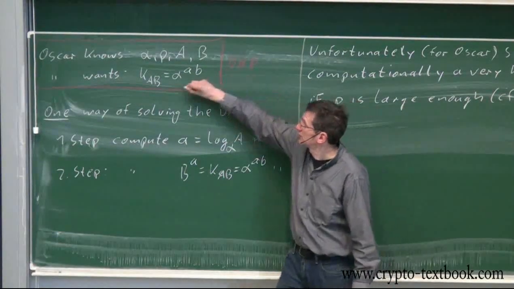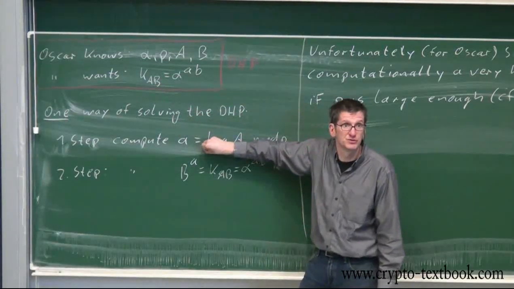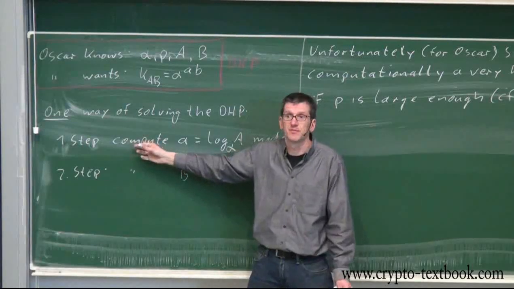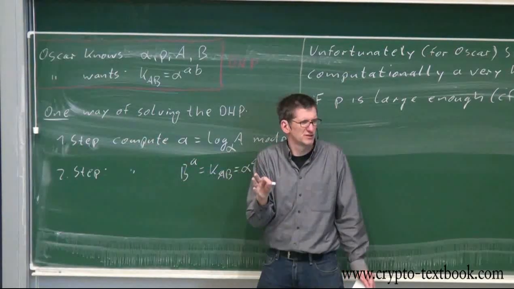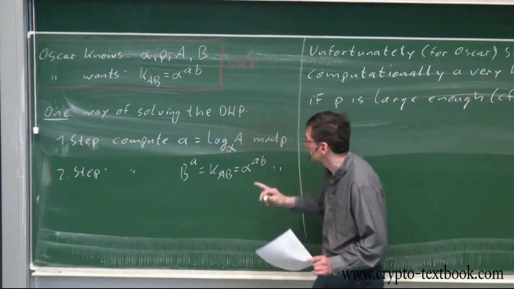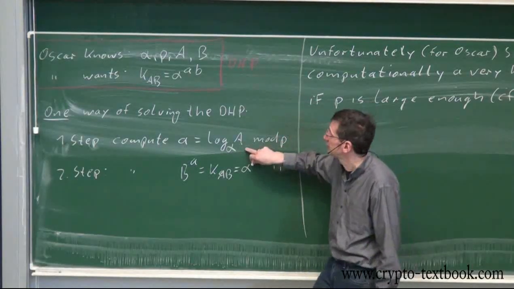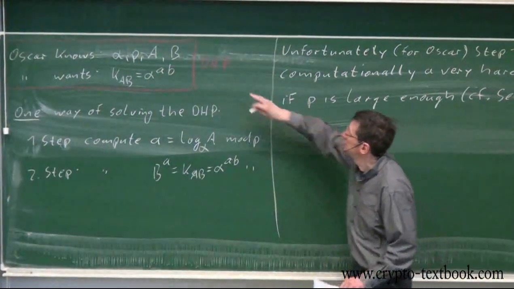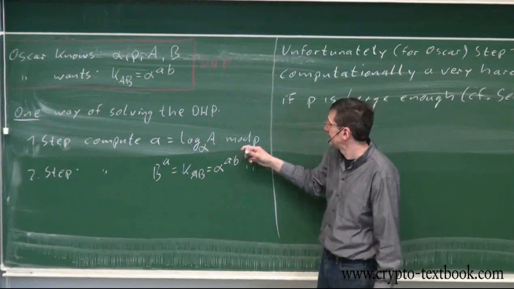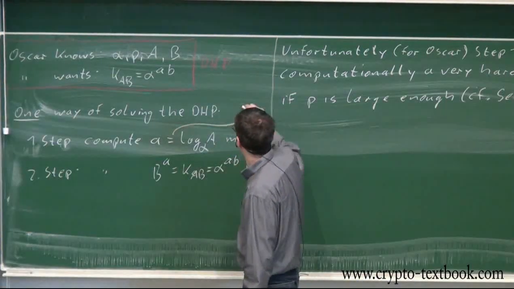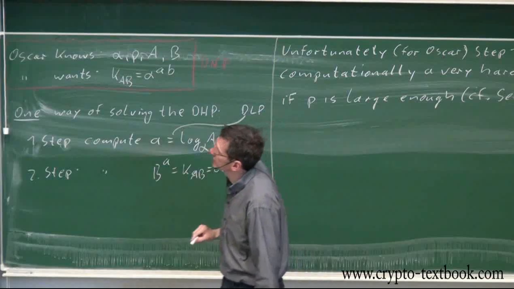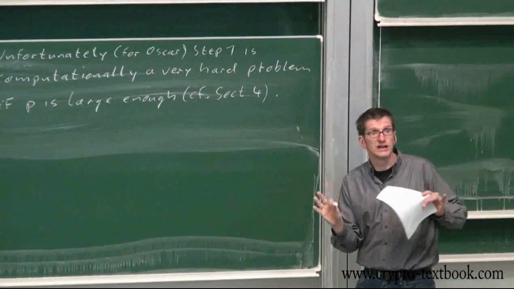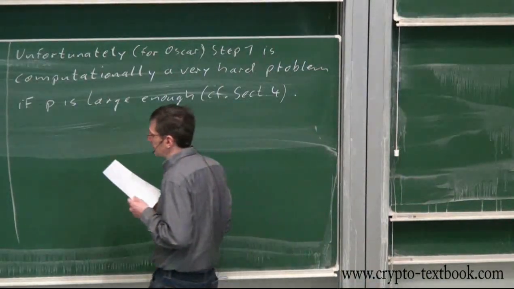That means, in order to compute KAB, do we have to compute the discrete logarithm, step 1 and then step 2, or is there a different step 1? It's not clear that you have to solve the discrete logarithm problem to get this. And that's the difference between the Diffie-Hellman problem and the discrete logarithm problem. That's a very important relationship between those two problems, and I want to write that down.